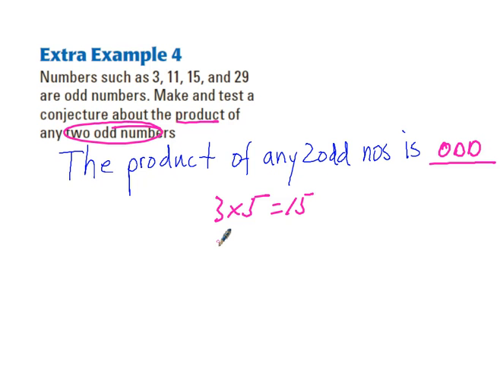And I'm going to test it by testing some more odd numbers. 7 times 11, 77. What I'm looking for is a counterexample, one that does not work. 1 happens to be one of those numbers to test. It does odd things, and we still get an odd number. So I'm going to make the conjecture that 2 odd numbers multiplied together will be odd. And I can't find a counterexample to prove it false, so moving on to the next one.